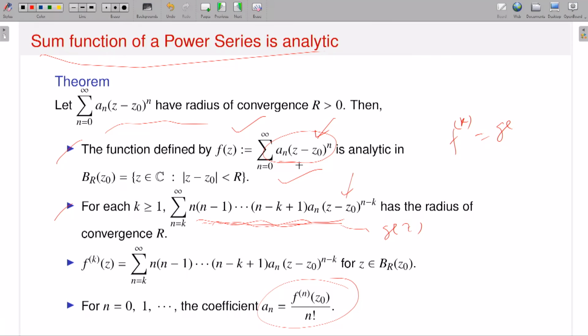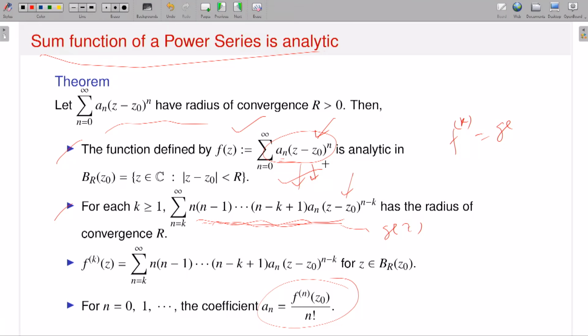Now you see, if I take the kth differentiation of my term a n, z minus z naught to the power n, then it depends on my number n. Suppose I consider the second derivative: the constant term of this power series will not survive, because in the first derivative itself it will be 0. So depending on n and which derivative I am considering, the sum starts from n equals k to infinity.